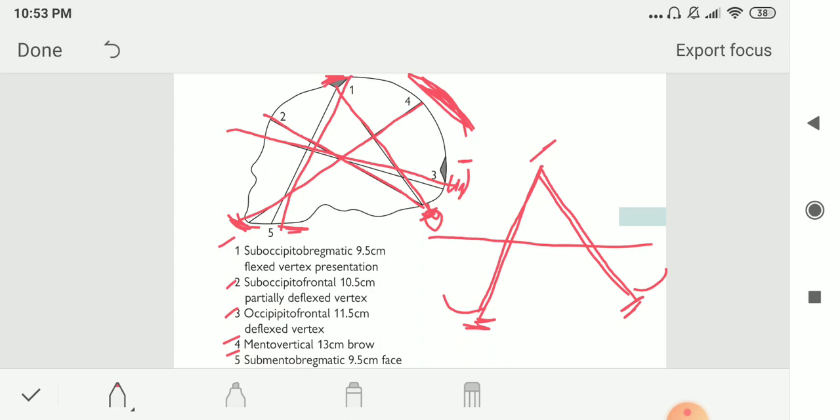They are equal in diameter. Another line, forming the crossbar of the A, is the occipitofrontal diameter. And another one that we can draw like this is the mentovertical. Like this we can easily remember the lines. Thank you.